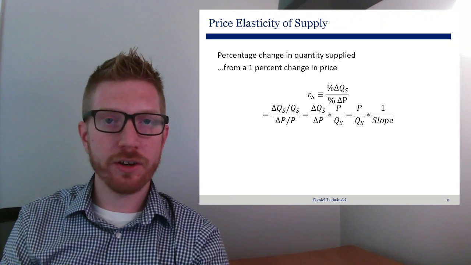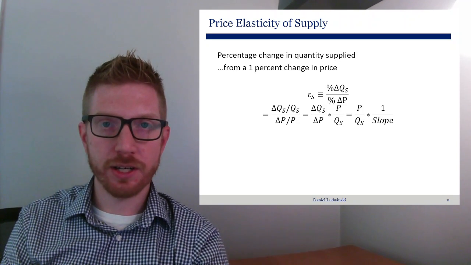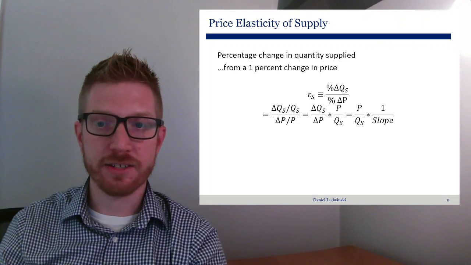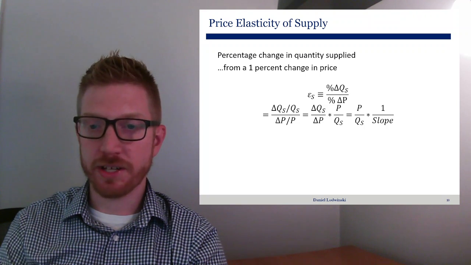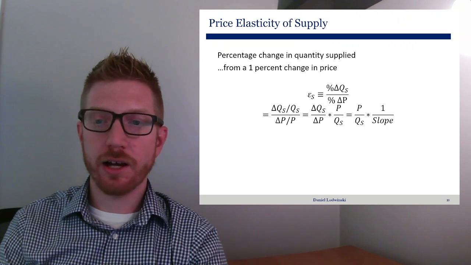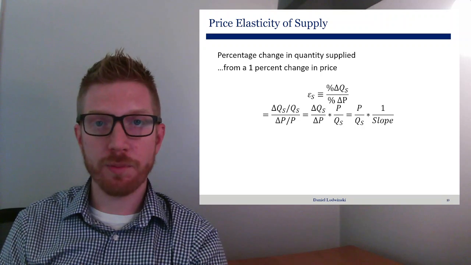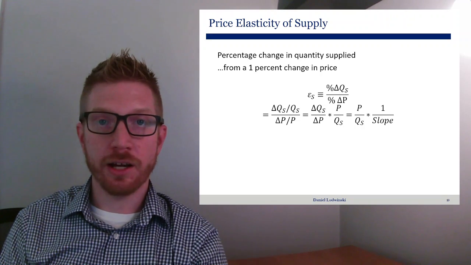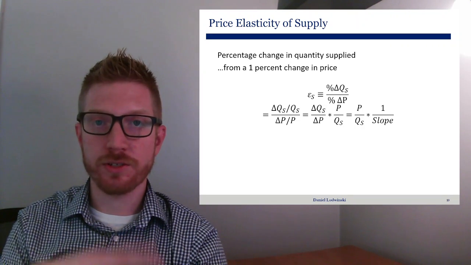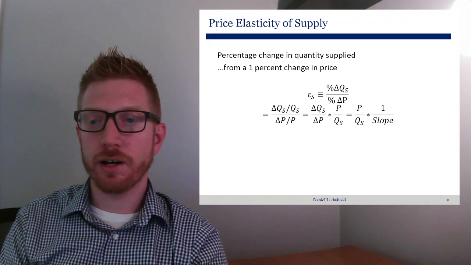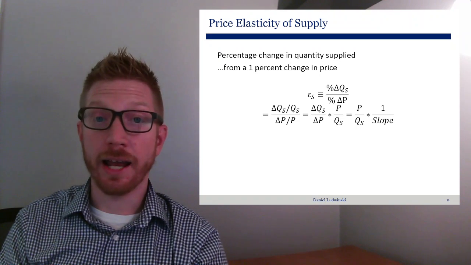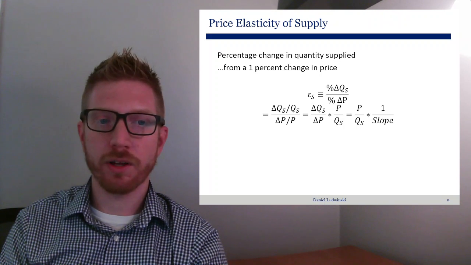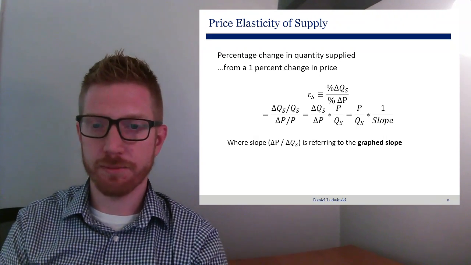If we have a linear supply curve, just like we did with the price elasticity of demand, we can actually use basic algebra to rearrange and write this in a formula that allows us to use that continuous and unchanging slope of our curve and easily calculate at any point along the curve the elasticity.